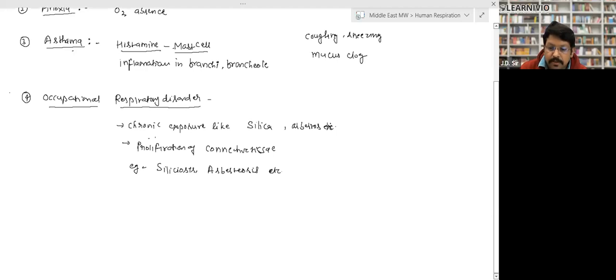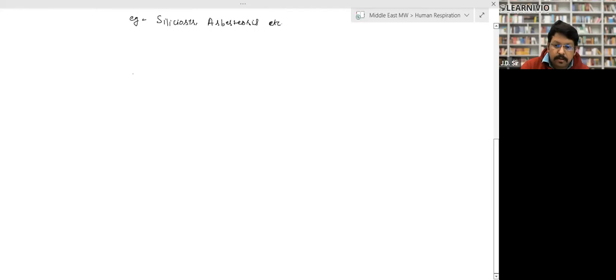Next disease is pneumonia. Pneumonia is a bacterial infection, you know. Pneumonia is caused by a bacteria called Streptococcus pneumoniae.